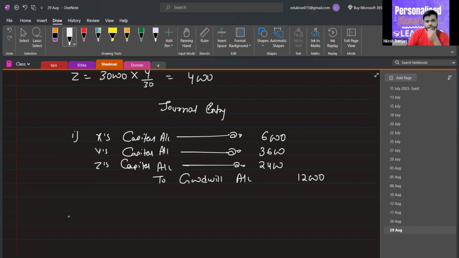The second entry is for valued goodwill. So it will be Y capital account debit, Z capital account debit, to X capital.